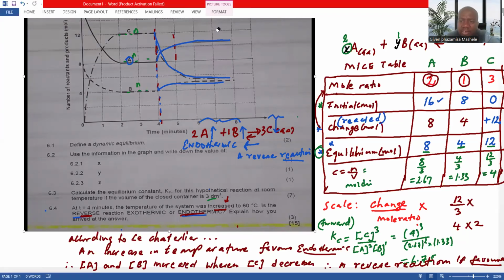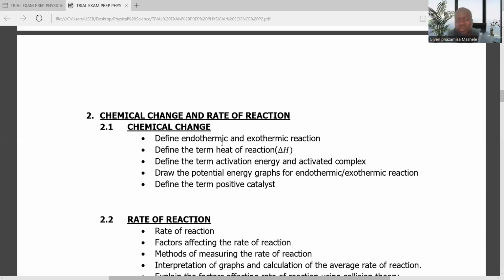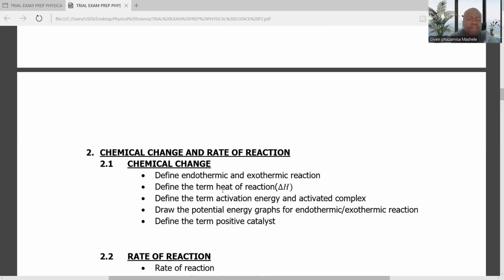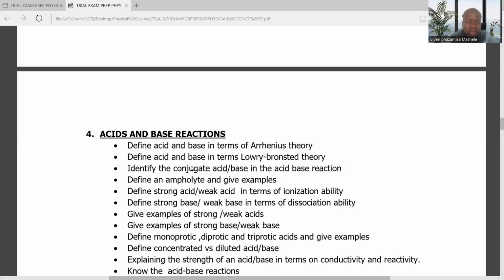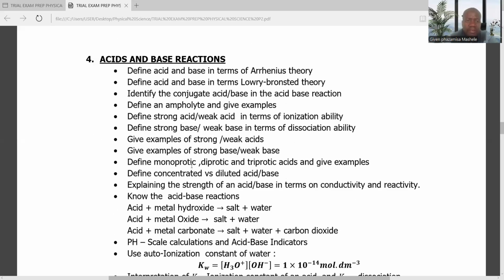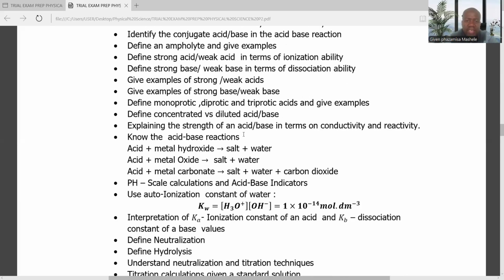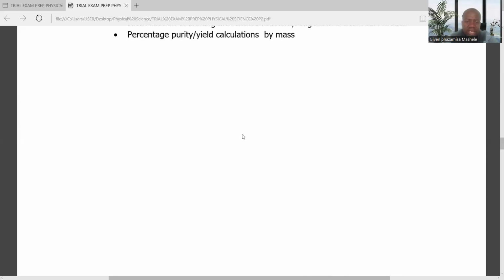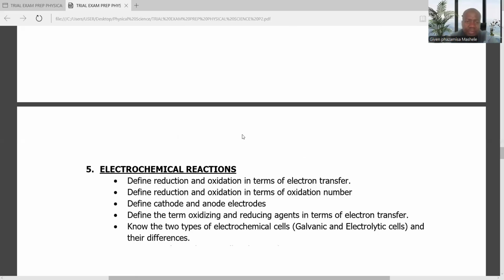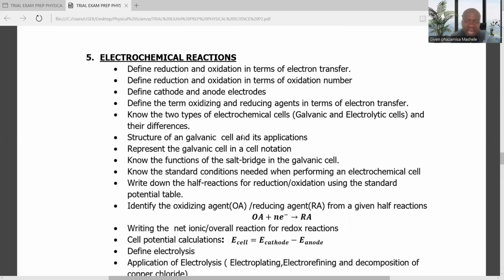Okay, let's now return to our topics. Already we went through chemical equilibrium and rate of reaction. Kindly watch the video for the rate of reaction, ladies and gentlemen. We went through chemical change. Then now we are left with acid and base and the issue of electrochemical reaction.